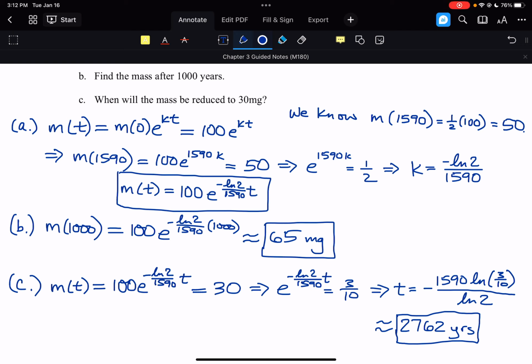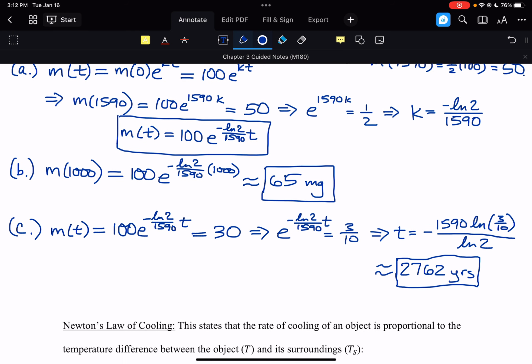One common application of this directly proportional relationship between rates of change and size of a population that we can apply to exponential growth and decay is Newton's law of cooling.